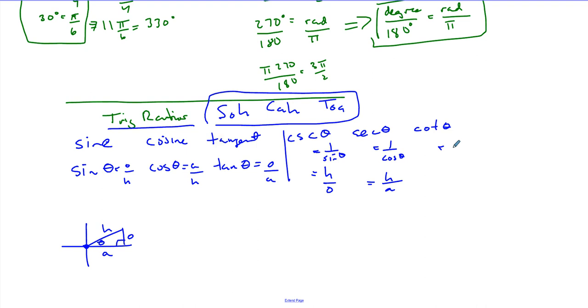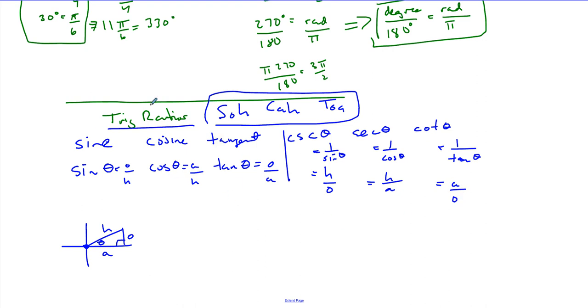And cotangent is the reciprocal of tangent of the angle, and therefore instead of being O over A, it's going to be A over O. So cosecant is hypotenuse over opposite, secant is hypotenuse over adjacent, and cotangent is adjacent over opposite.